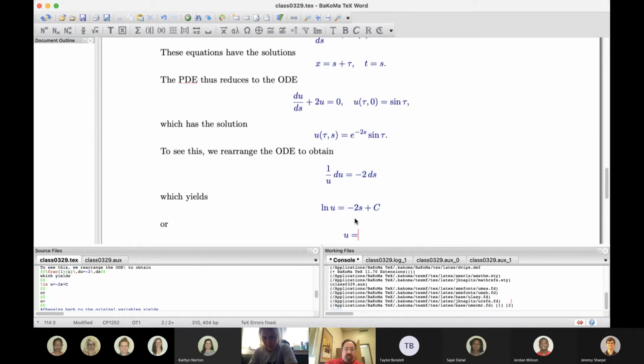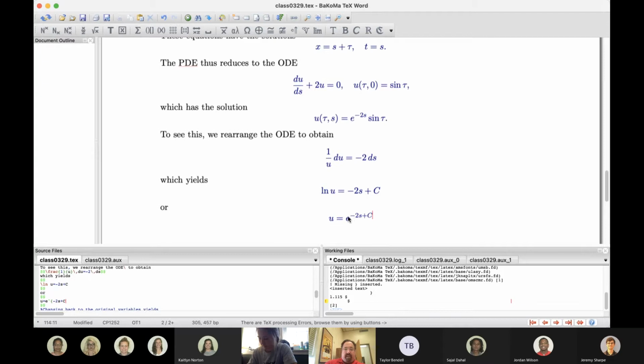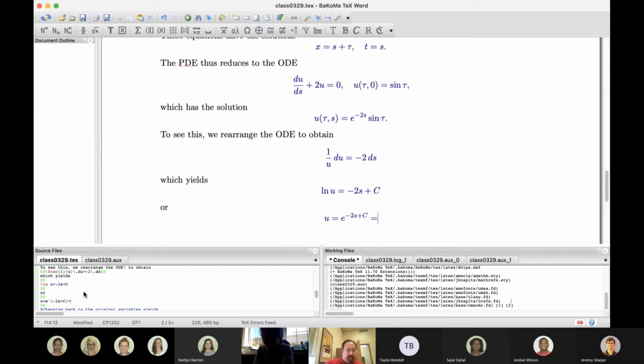We get u is equal to e to the minus 2s plus c. Now, to figure out what the constant of integration must be, I could also write it this way, e to the minus 2s, e to the c.